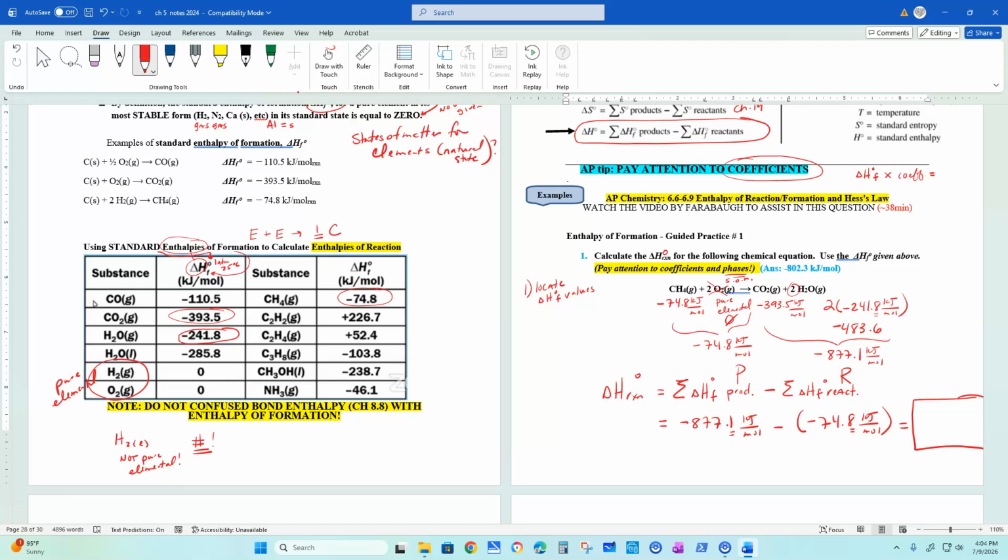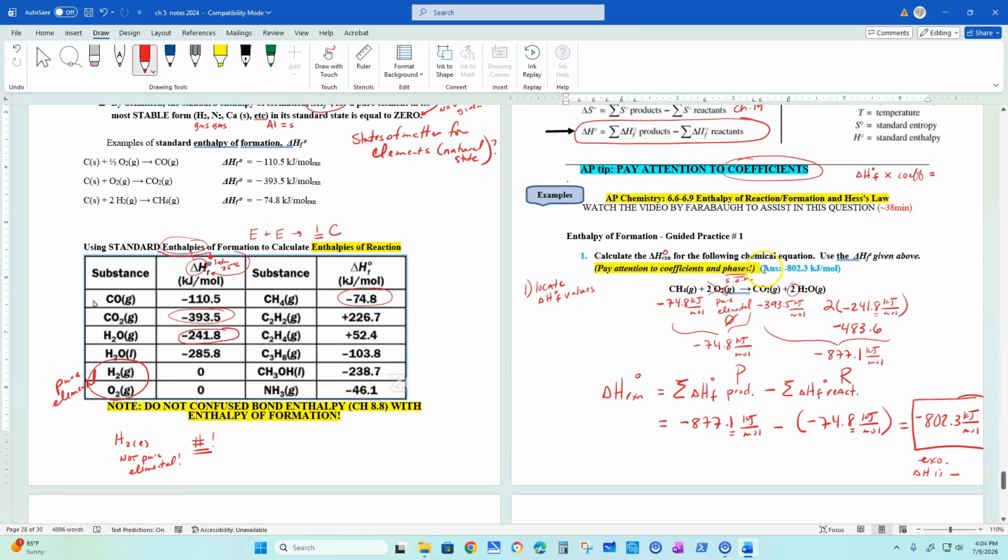Well, obviously when I subtract this negative number, that's going to become positive. But this number is so negative, our answer is going to stay negative. And our answer will be negative 802.3 kilojoules per mole. And that's it. Very exothermic reaction. Very exo, since delta H is negative.